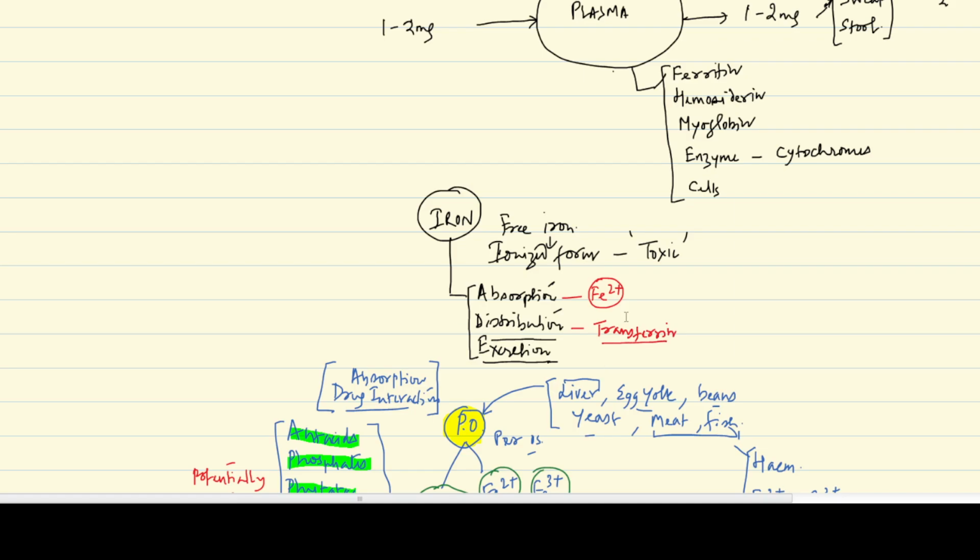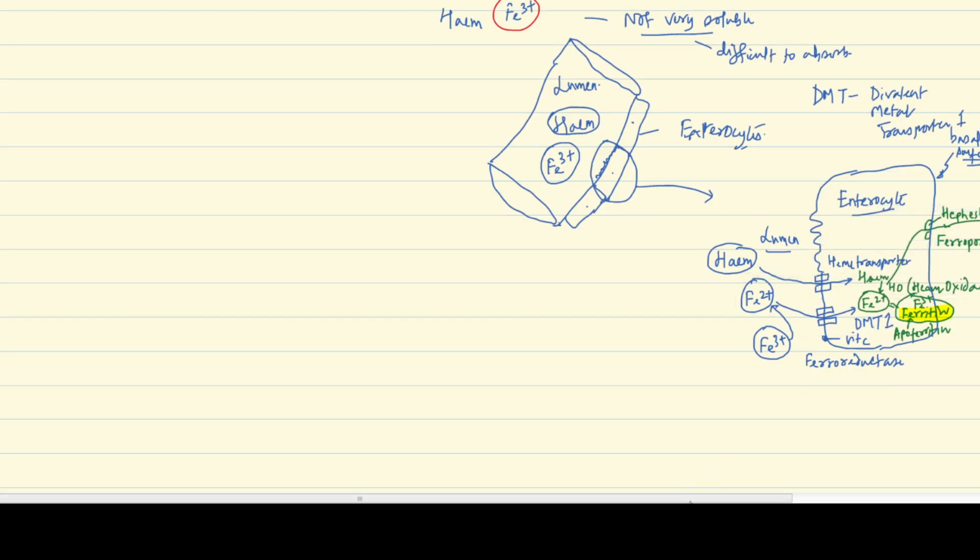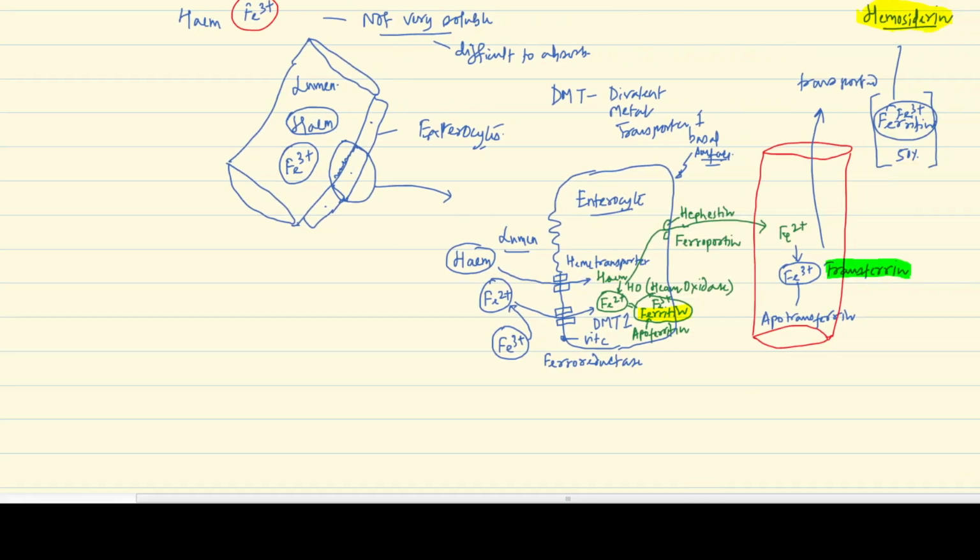We haven't talked about excretion, so let's get right into it. Excretion. The enterocytes line the intestine, right? After some time, the cells which line the intestine get sloughed off.